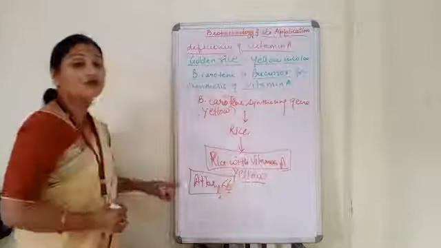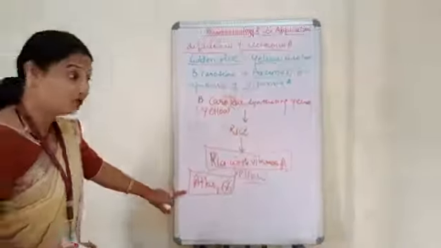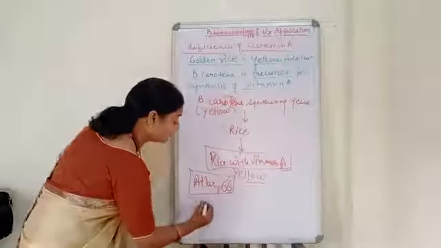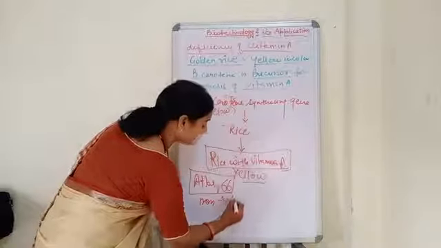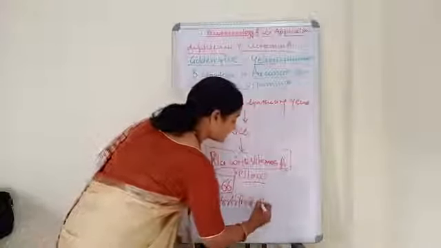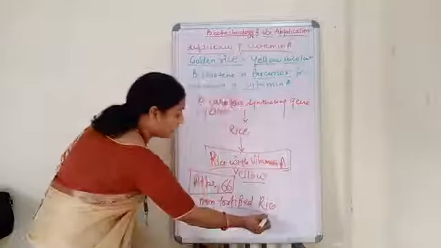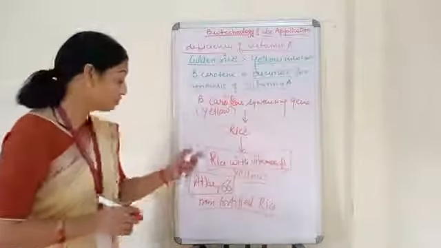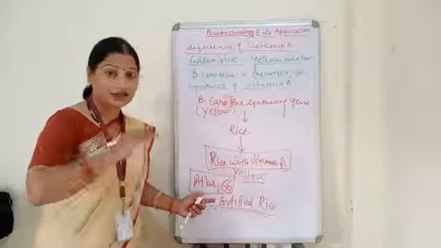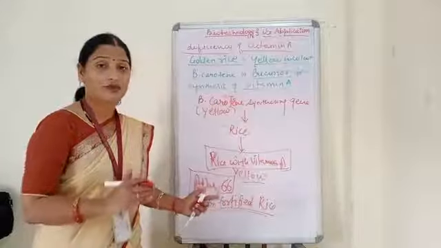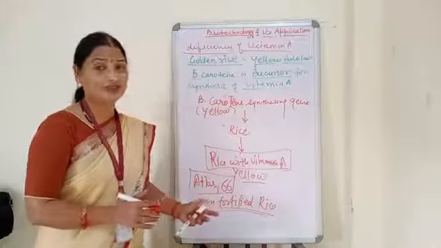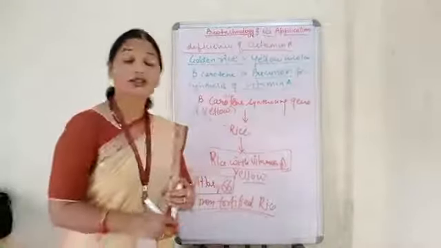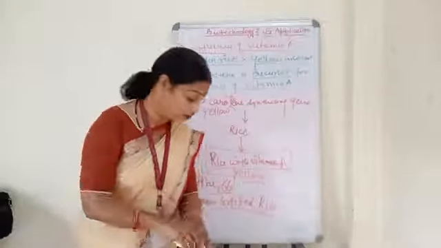This is the improved variety of wheat. Along with this, scientists are also working on iron fortified rice, in which the iron content is in proper amount, unlike the earlier variety of rice. So these are a few more applications in the field of biotechnology.